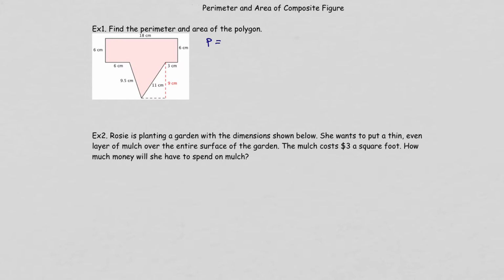If I start from 18, and then 6, 3, 11, 9.5, 6, and 6 is all around, right?